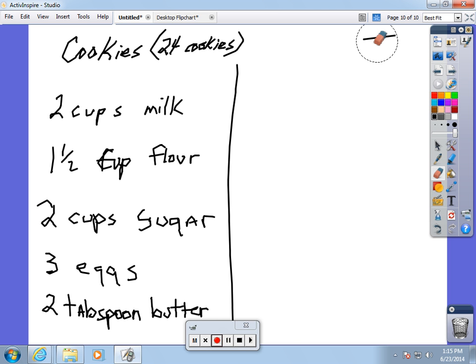Just make me 9. That's all I want. So that'd be 9 plus what? 24 is what? 33, Hubert. Thank you, class. So I want you to make a batch of cookies, and that batch of cookies is 33. So go ahead and tell me what the ingredients would be.